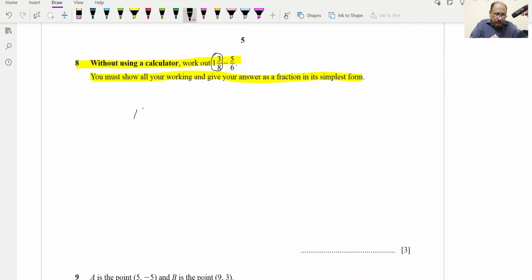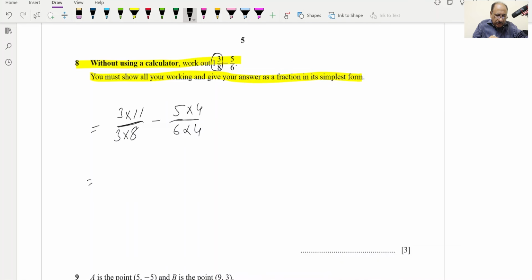So 11 by 8 and minus 5 by 6. And now we can equalize the denominator and we will multiply and divide this by 3 to get 24 as denominator, and multiply and divide this by 4 to get 24 denominator.